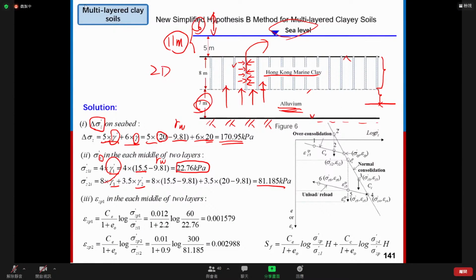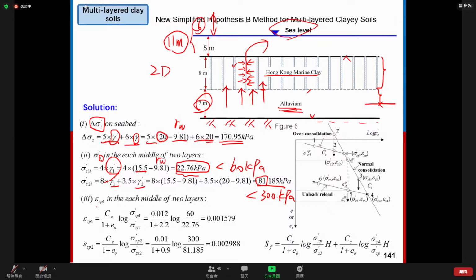So you can see that the initial stress state here is only 22 point something, which is smaller than 60 kPa, right? And again, this 81 is also smaller than 300 kPa. So the pre-consolidation stress for both of these layers is larger than the initial state.